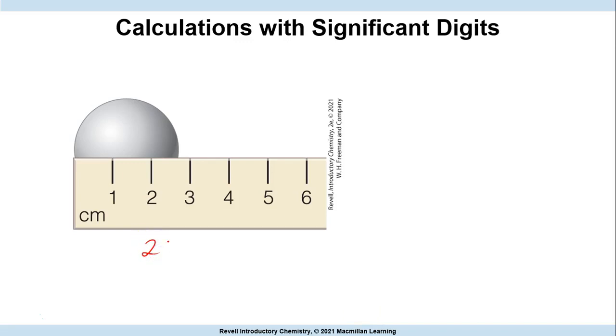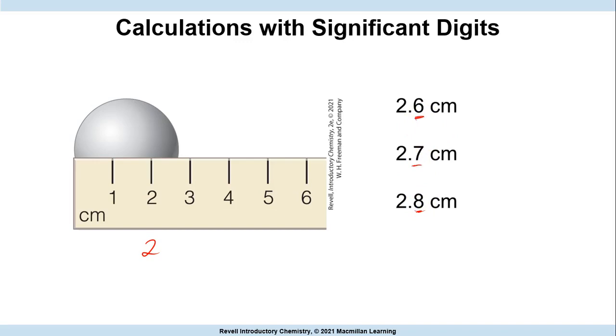Any other thing, you could have 2.6, you could have 2.7, you could have 2.8. All of those numbers have uncertainty. So the 0.6, 0.7, and 0.8 are uncertain digits, and the certain one is 2.